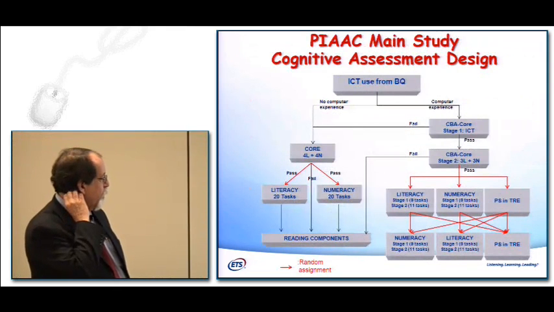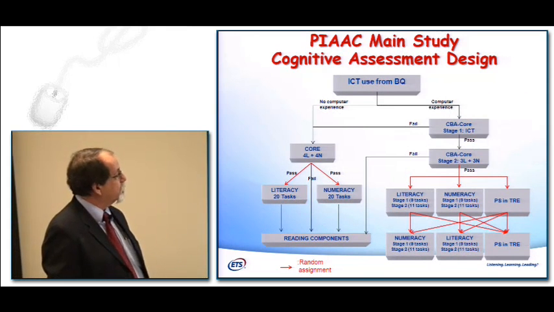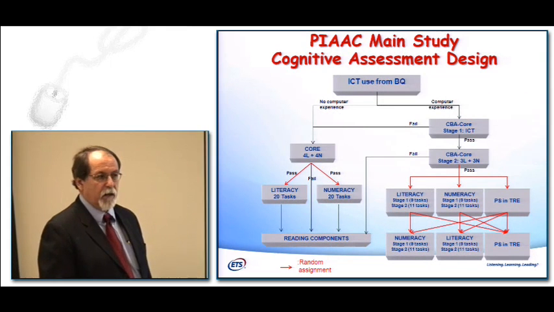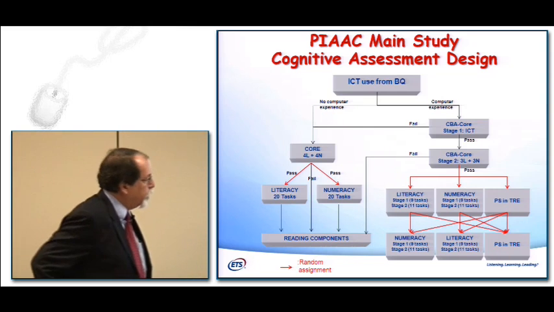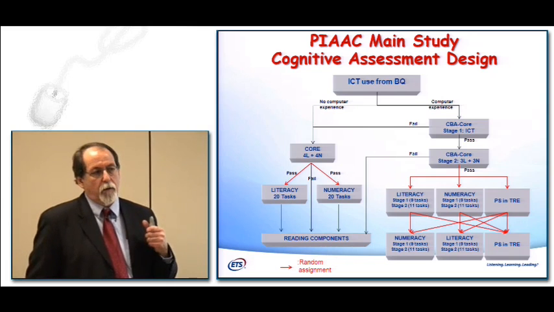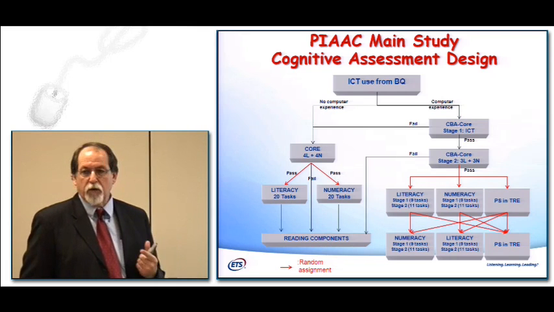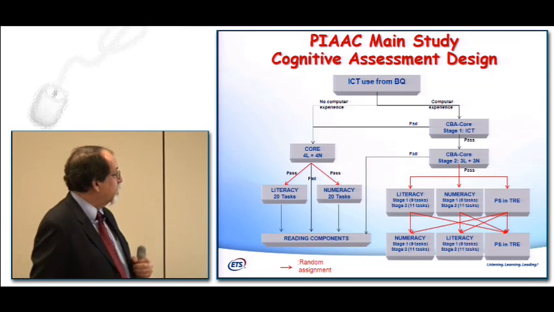For those of you who might have worked on PIAAC, this is the main assessment design. If you just stare at it, it's kind of like a test. You get a headache. But if you think about the design criteria of having to have comparability over time, across countries and across modes, this is the design for the main survey.